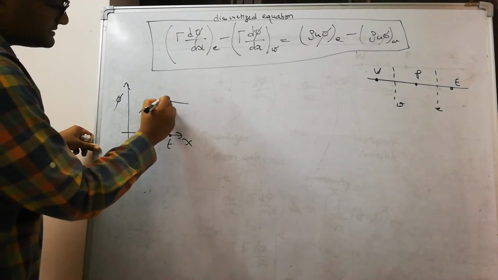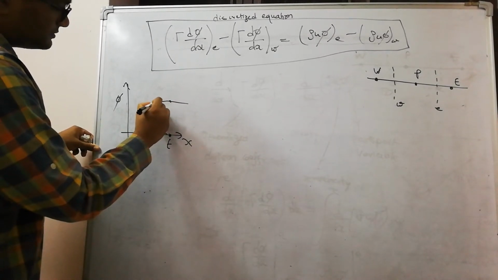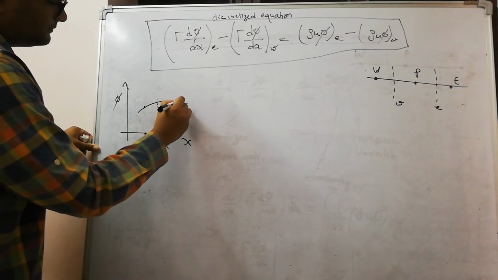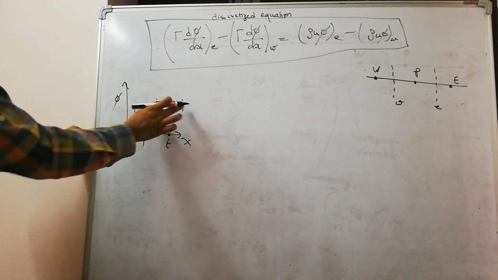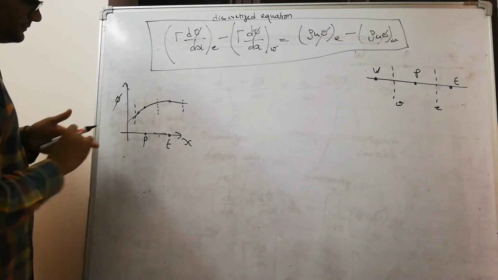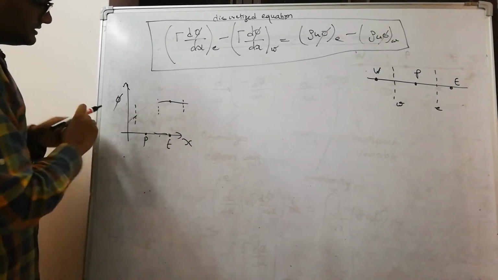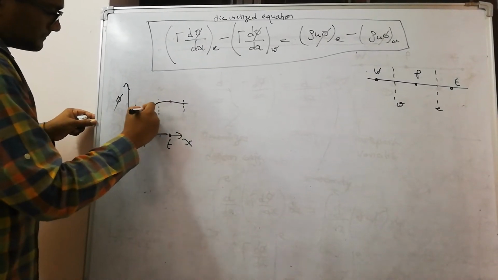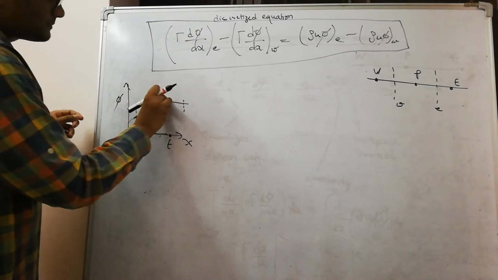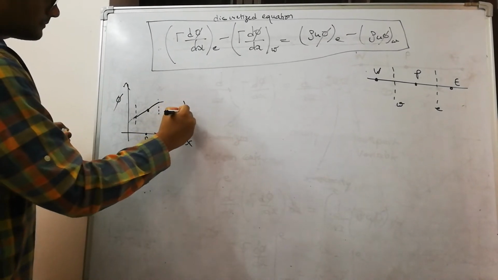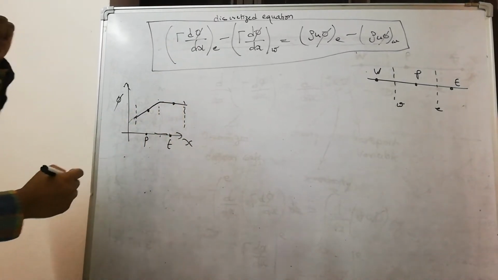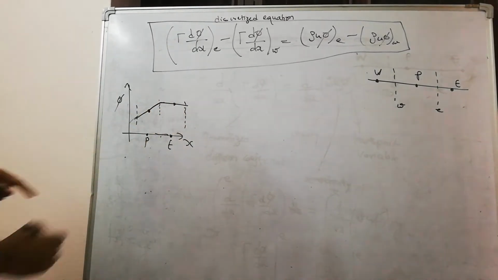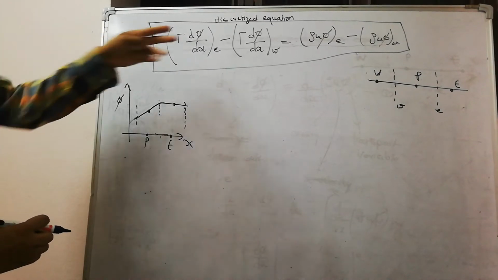In between the cells, at this intersection we know the value, and here we know the value. In between the cell, it's a straight line. So this is some mid value at which I know my phi variable.